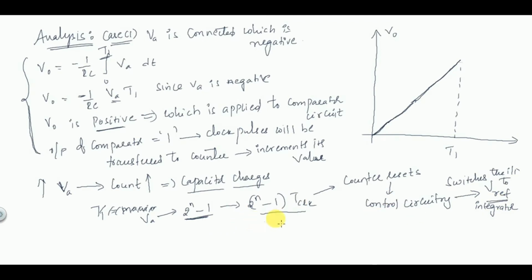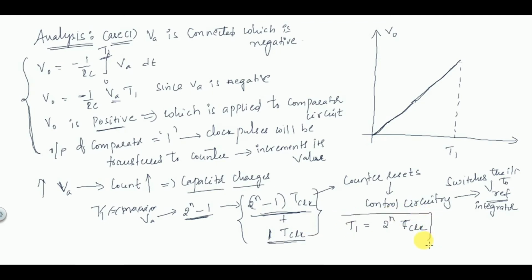This happens for one more clock cycle because it has to reset, and that reset is given here. So 1 into T clock, one more clock cycle is required. Up to here the counter does not reset, so in order to reset the counter and give the next input, it requires 1 clock cycle. So the total time required for charging the capacitor is 2^n into T clock, the addition of these two.